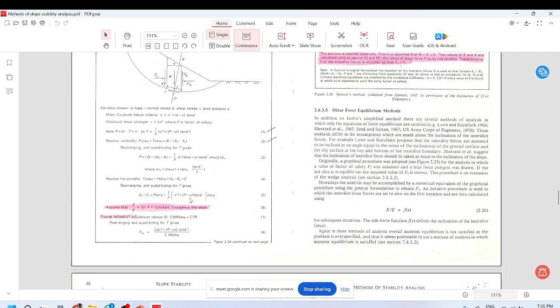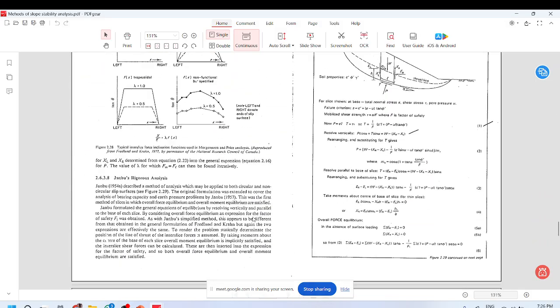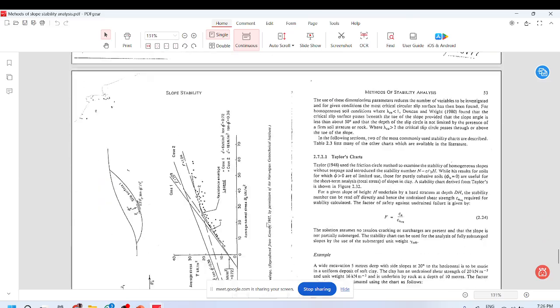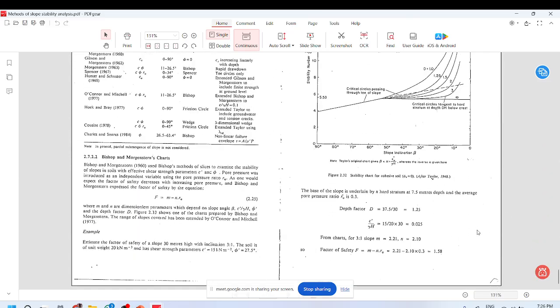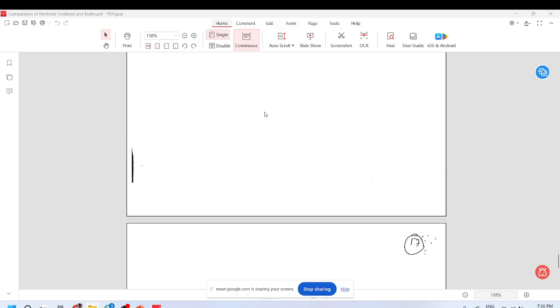This is Spencer's method in which X by E is taken as tan theta, and then you have Morgenstern Price method. We were talking about how we take the radius. Okay, we can talk about that.